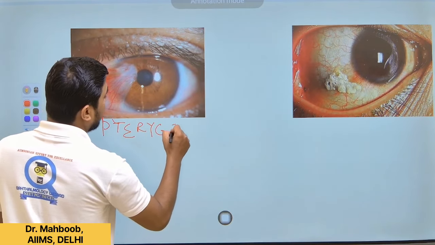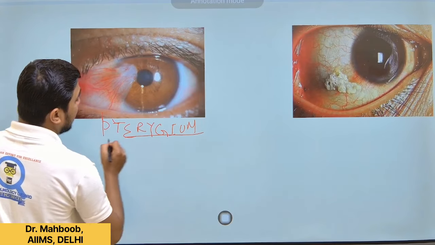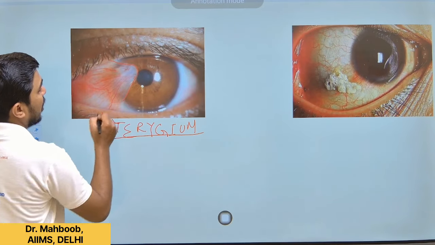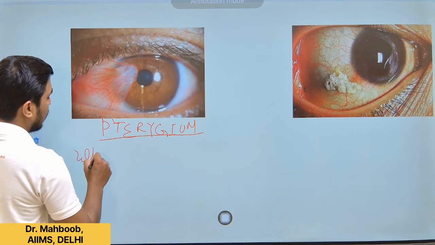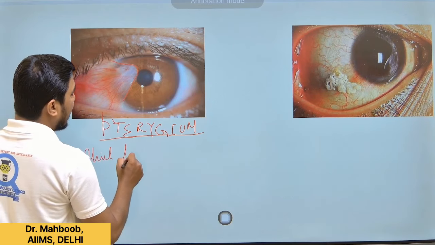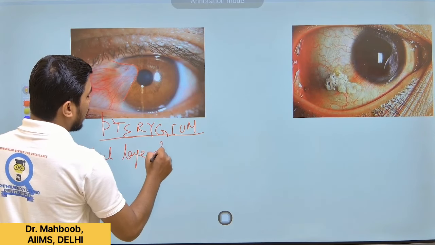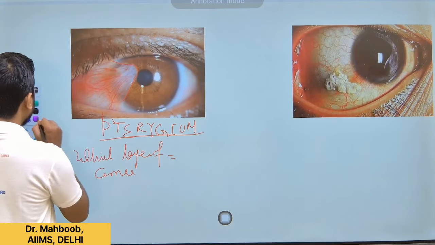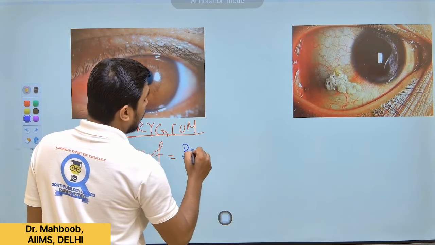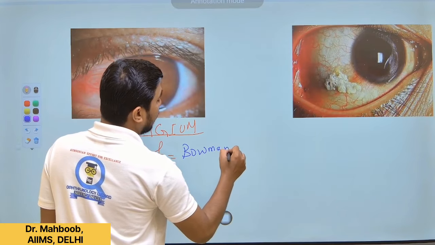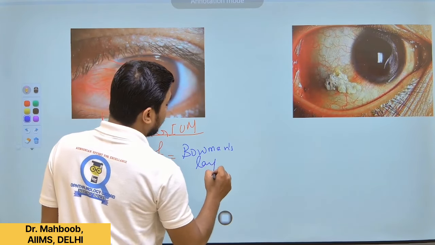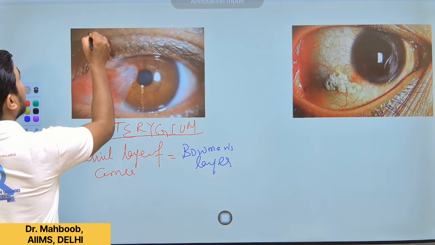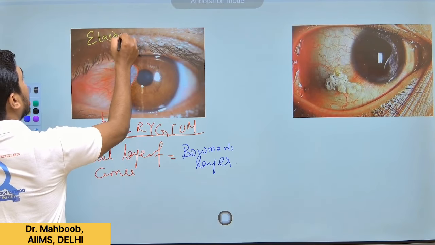Everybody agree? This is pterygium. So pterygium is encroaching onto the cornea. Which layer of the cornea? Answer will be Bowman's layer. Remember one thing, it's an elastotic degeneration. Elastotic.